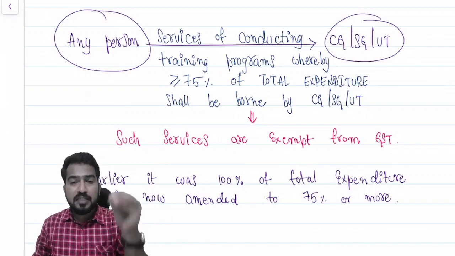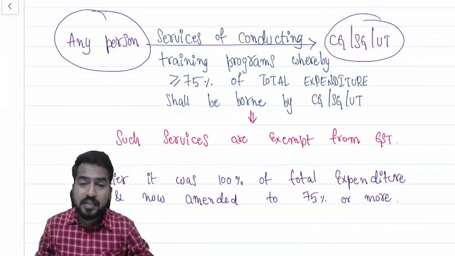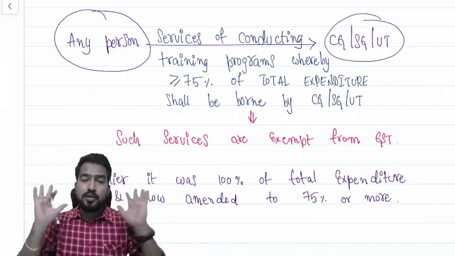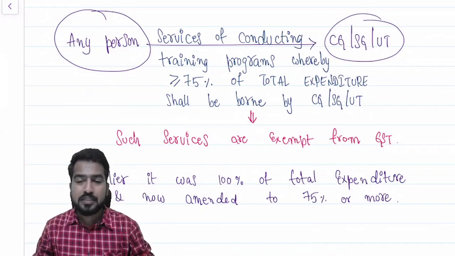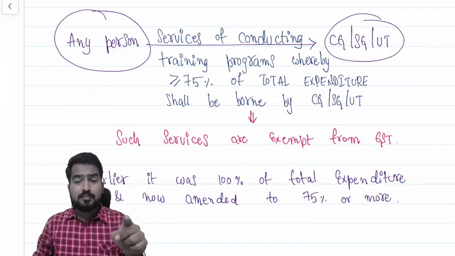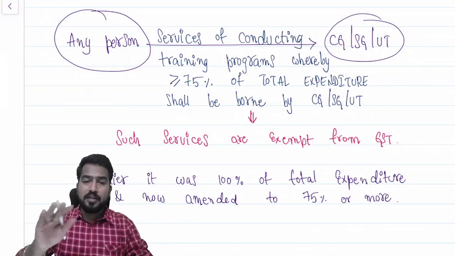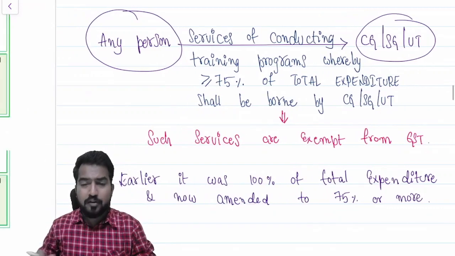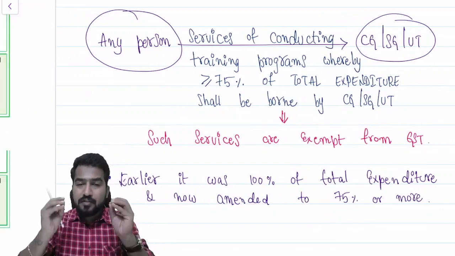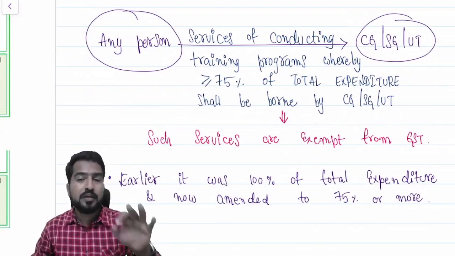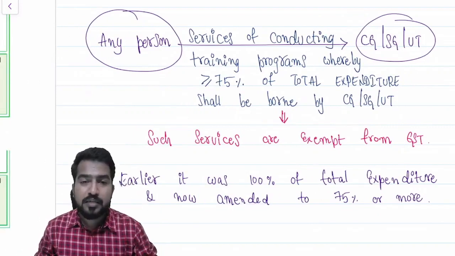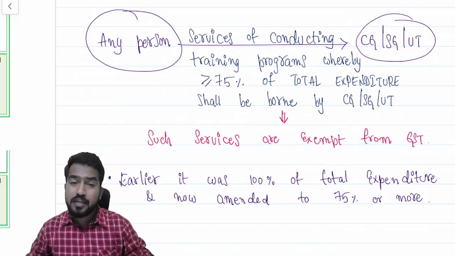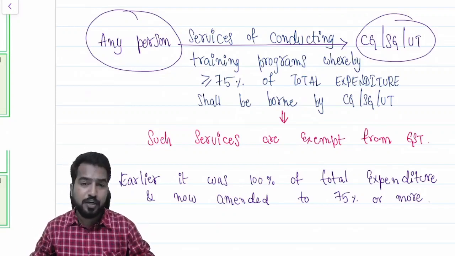So if the expenditure borne by them is at least 75%, now it is exempt from GST. Earlier, if the expenditure was totally borne by the government, then it was exempt. Now they have amended it in such a way that even if 75% is borne by the government, it is exempt under GST, my dear. That is another amendment in entry number 72.